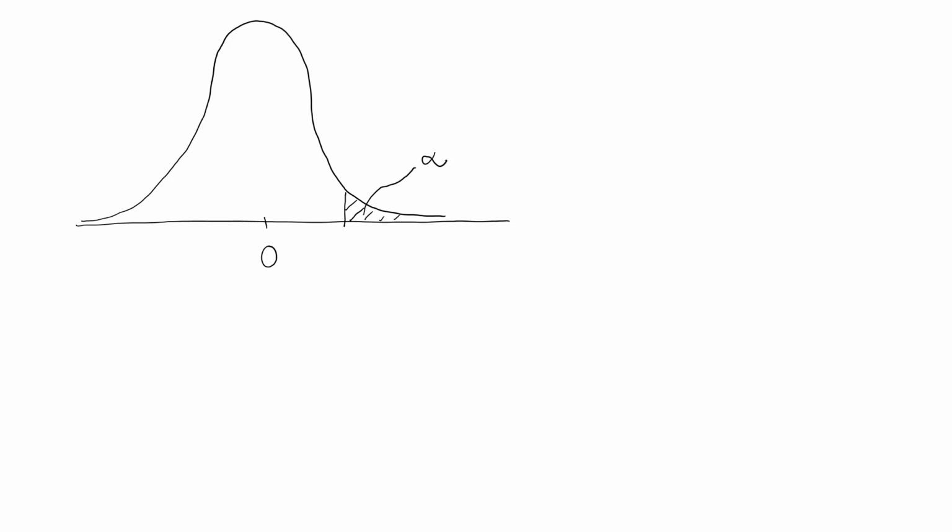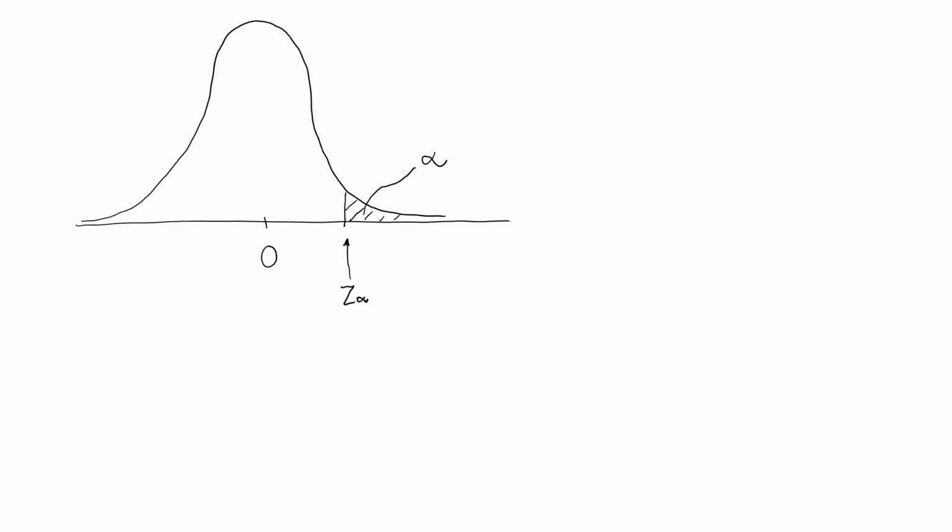But with just one tail, it would be 2.5%. So this number here, this cutoff point, which is the number such that to the right of it we have alpha percent, that's called a critical value. And we simply denote this value with small z alpha, simply because it depends on alpha.